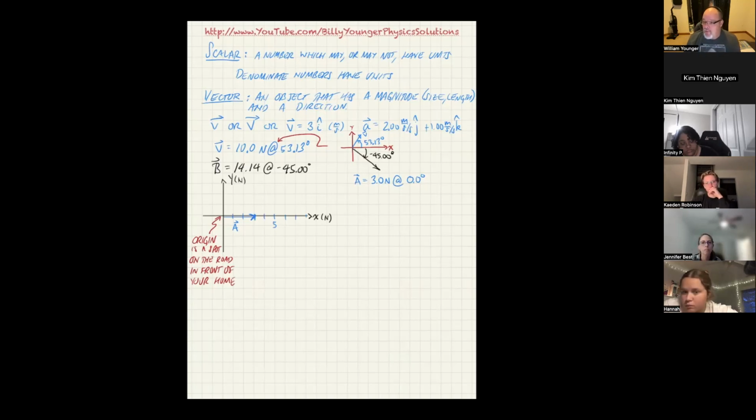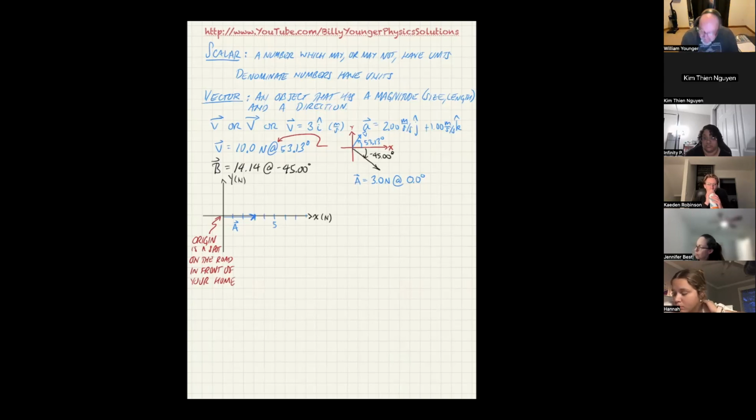Now, if you did go to that origin and walk to the right 3 meters, then you just drew an arrow from where you started to where you ended up, and that was your displacement vector. So the A is going to act like a displacement vector, and I'm telling you that displacement vector is a perfect example of the vectors that we'll be dealing with. So I'm going to use them to guide us to figure out how to add vectors, at least graphically, and then we can make arguments of how to do it algebraically.